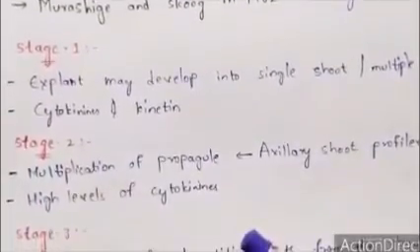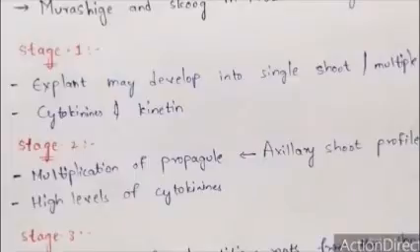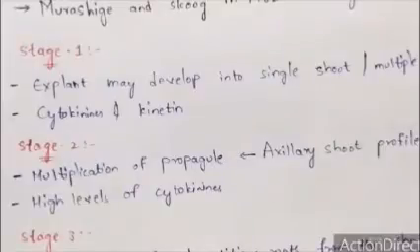By these 3 stages you can understand that the total plant will get developed finally as a product, and the product which is formed is a plant which is free from virus. How it becomes free from virus will be explained properly in the diagrammatic representation only.